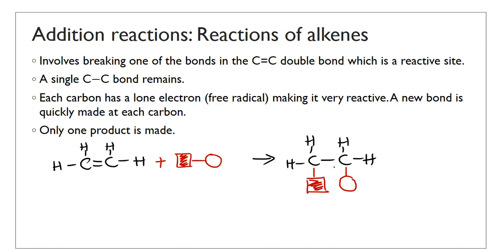And the nature of this other reactant is going to determine, that looks like a face, it's going to determine what kind of product you can have. But essentially in all addition reactions, you're going to break one of the bonds in the CC double bond, which creates two vacant spots, one on each carbon, for two different things to be added to it.